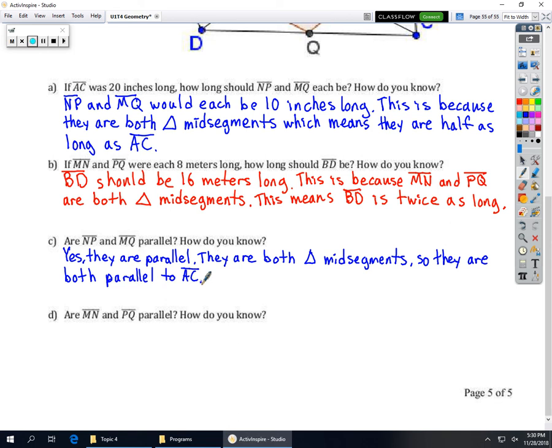Since they are both parallel to AC, they are parallel to each other. Well, let's use a nice word. Therefore, they must be parallel to each other.